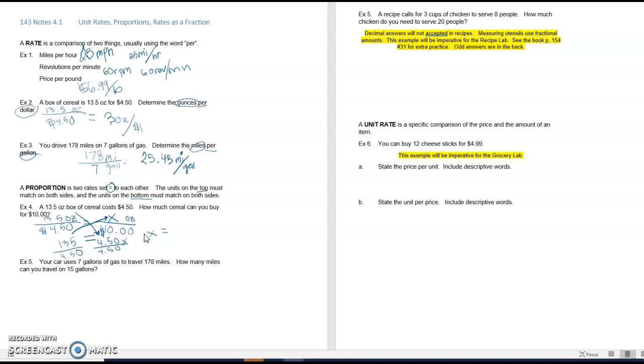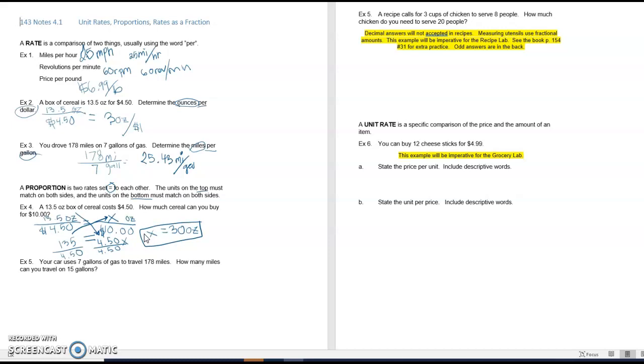So I put 135 divided by 4.50, and I got 30, no decimals at all. So the answer here is 30, and you have to put a word with the answer. 30 what? 30 boxes, 30 pounds, 30 yards, 30 grams? Nope. 30 ounces of cereal. And that would be your answer, 30 ounces of cereal for $10.